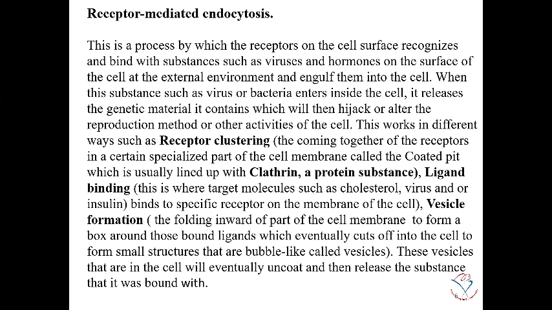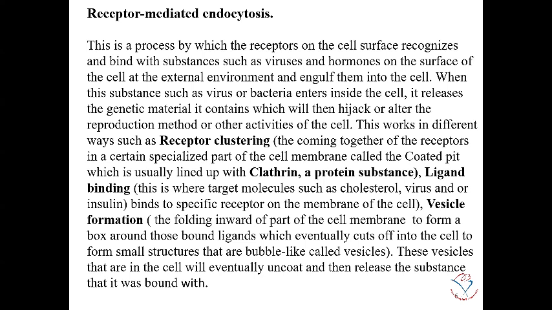So here, the disease attaches itself to some proteins on the surface, and by that method, it now empties its content into the cell. When this enters the cell, it disturbs the normal functioning of the cell. Over time, it will develop into a disease within the cell, with the processes here being clustering, ligand binding, and vesicle formation.